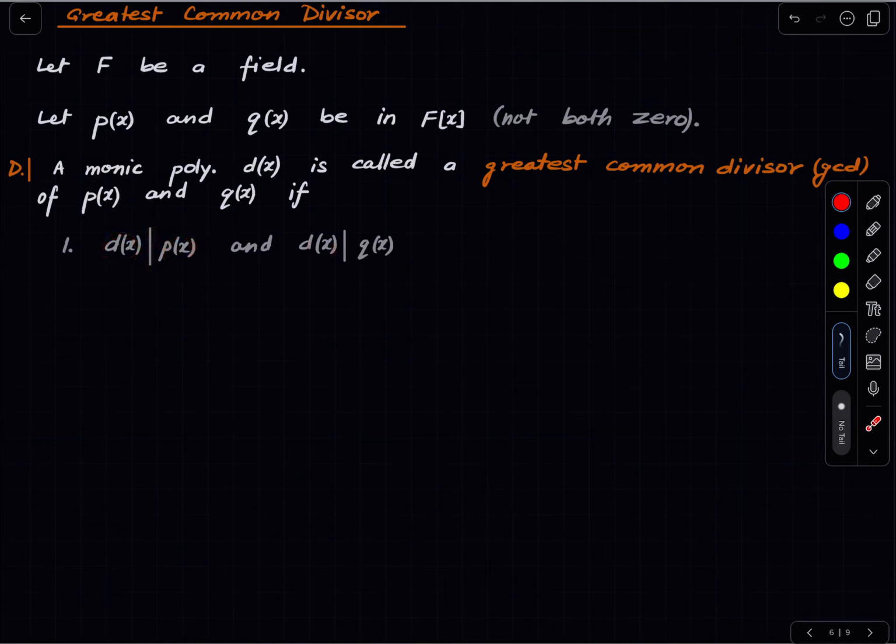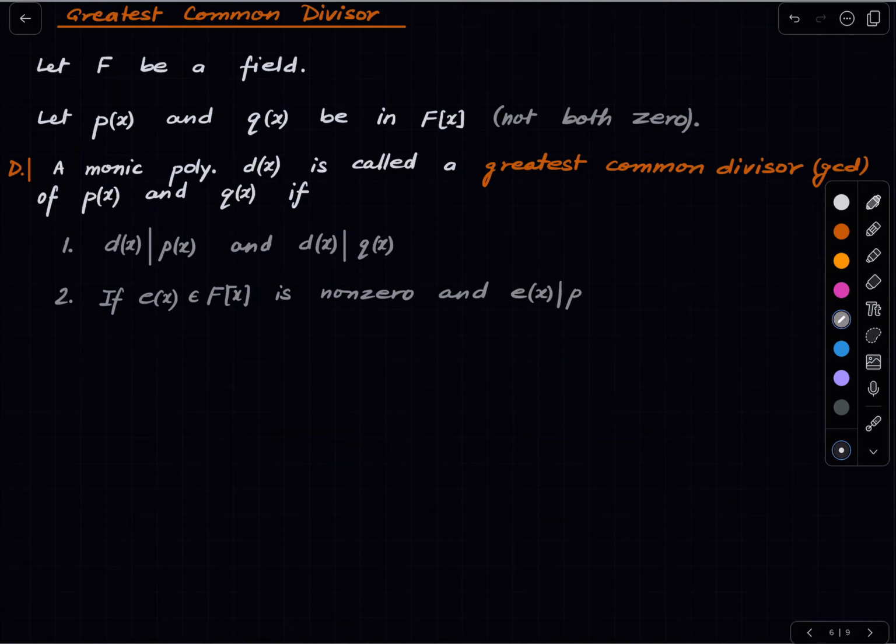So this is a necessary condition that we need, and the other condition that we want is that whenever you have another common divisor, so if you have a non-zero polynomial which is a common divisor of p(x) and q(x), then it must divide d(x).